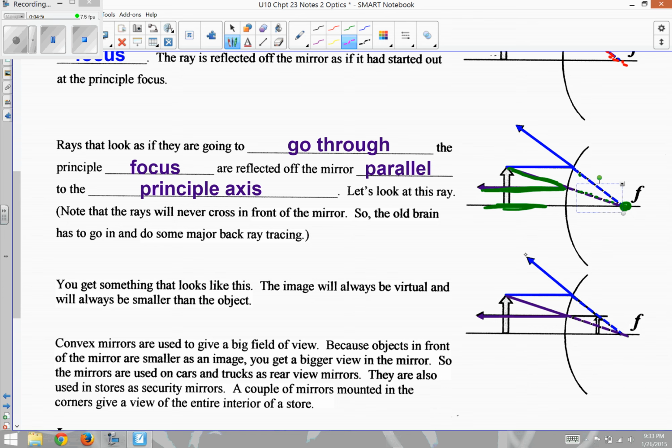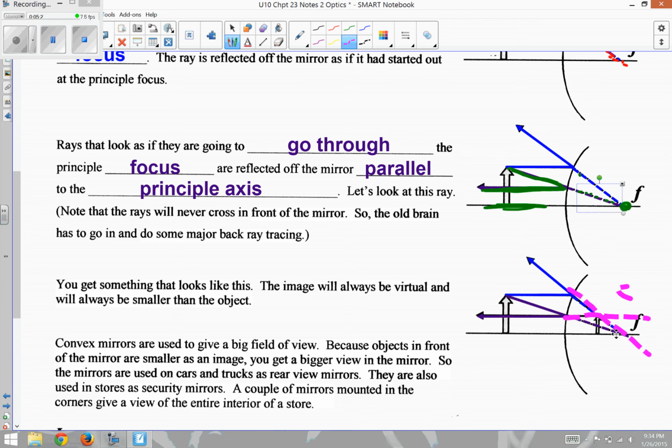We have this reflected light, and we're back ray tracing through the focal point. We don't want to follow this one that goes through the focal point, because that's the incident light. We want to back ray trace the reflected light. If we follow it, they crisscross, and where they crisscross gives you the image.